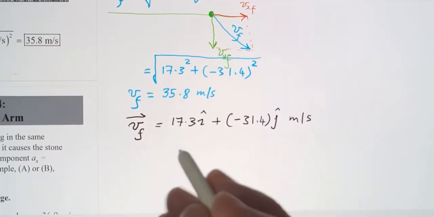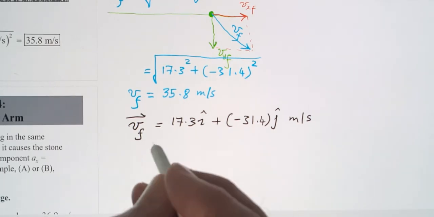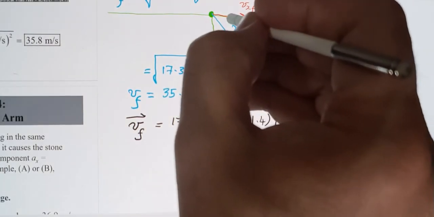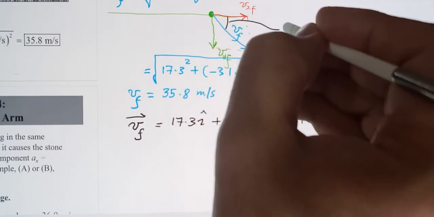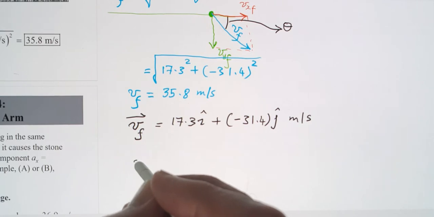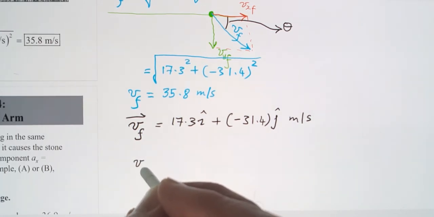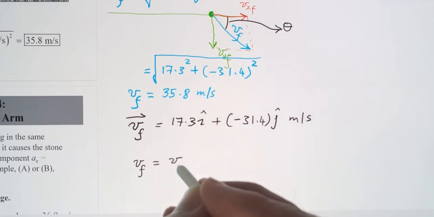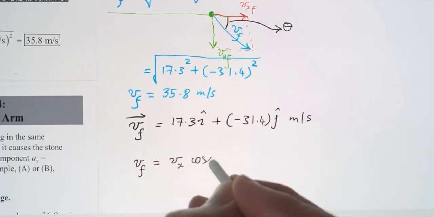Okay, let's do an extra one. Let's find theta. Let's go, what is theta? We know that V final is equal to Vx over cosine theta.